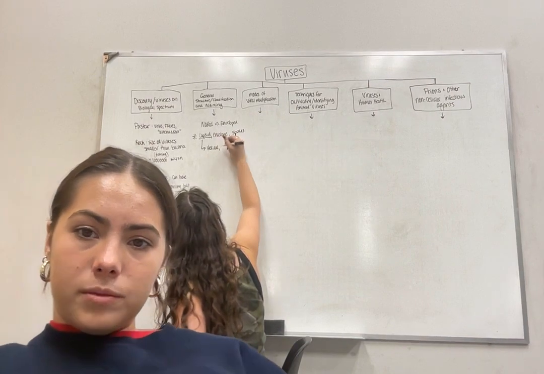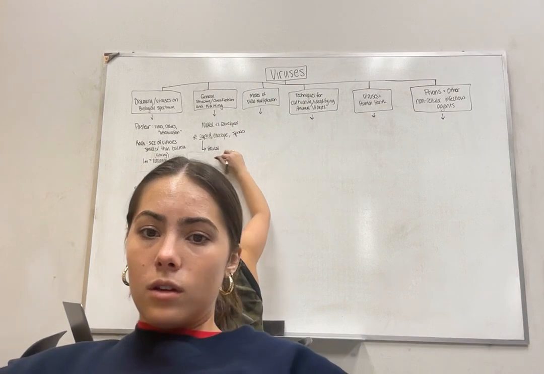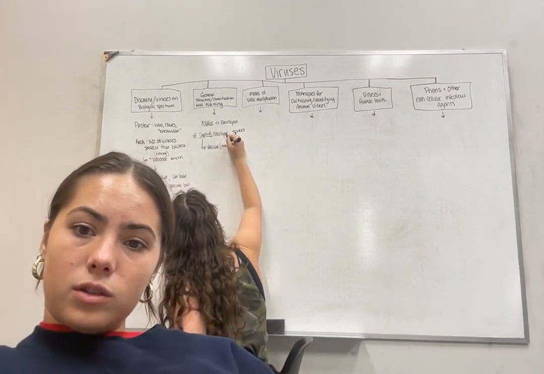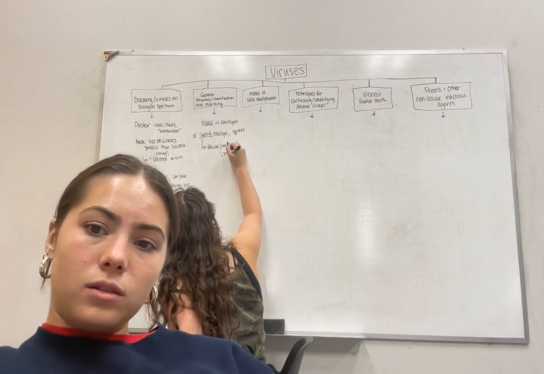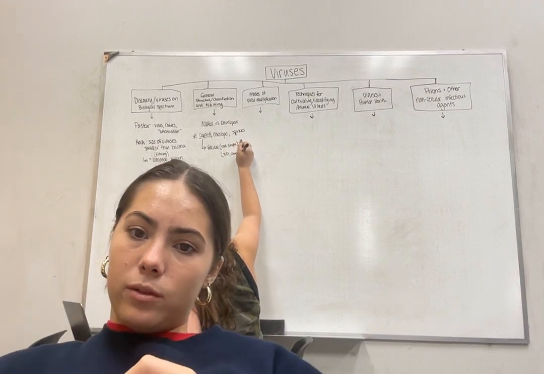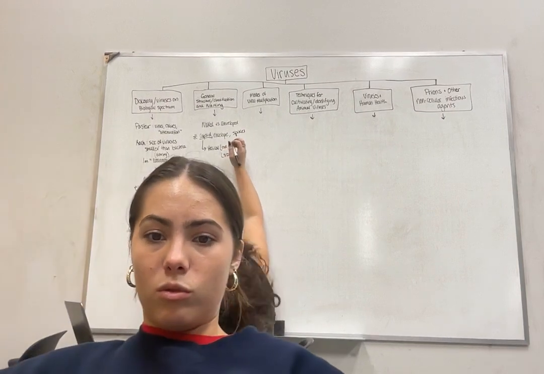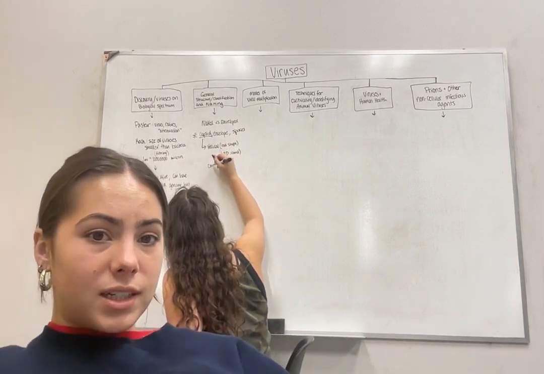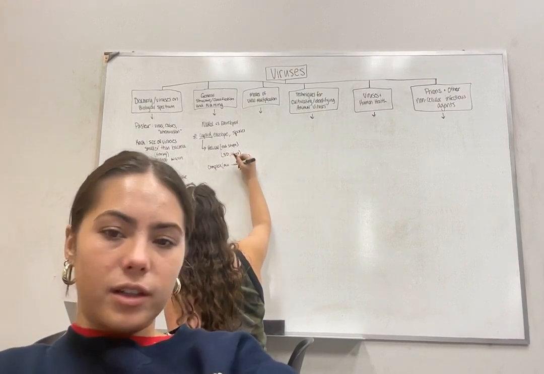Helical makes a rod-shaped virus. Icosahedral is a 3D virus, round, not rod. And then complex is a mixture of both, found in bacteriophages, viruses that infect bacteria.